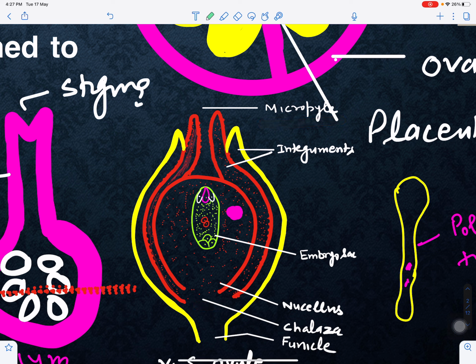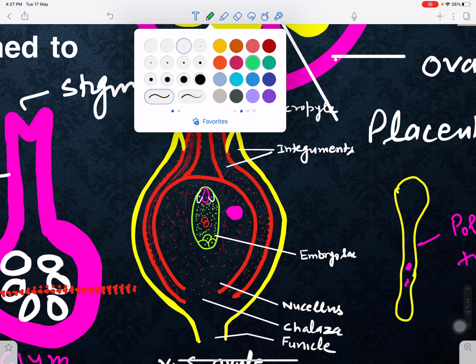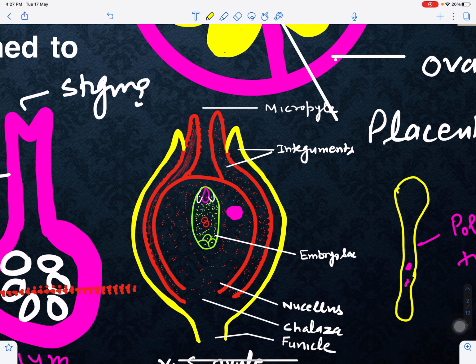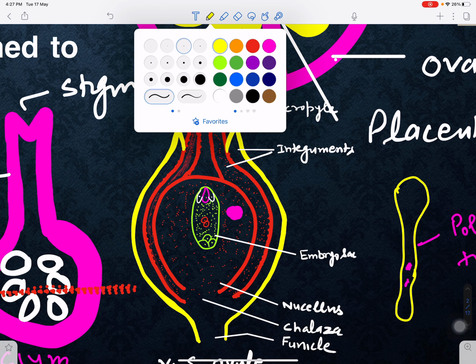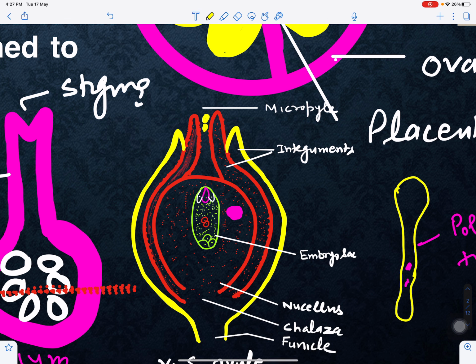So what happens during fertilization? Pollen grains will fall over here, and pollen grains, they will germinate to form the pollen tube like this. So these pollen tube will pierce the nucellus part, and this is carrying the male gametes inside.